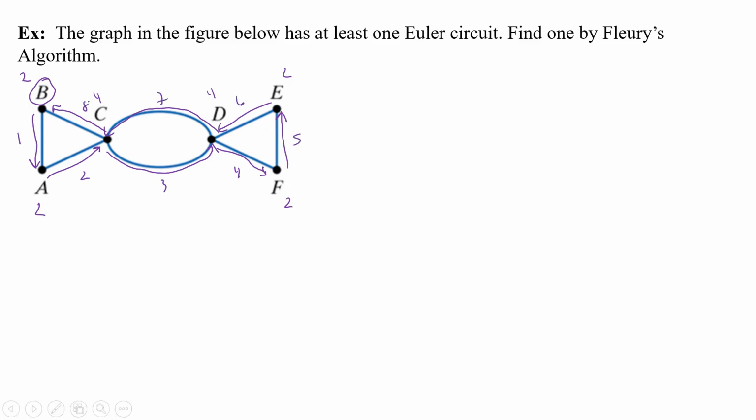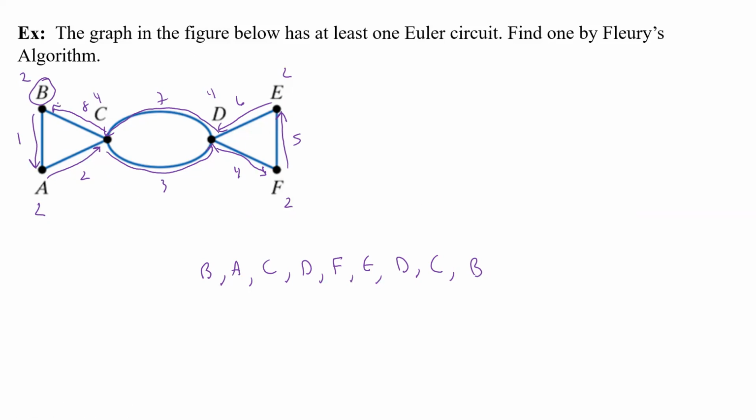So that's the 8 pieces we're going to follow. And so our circuit is going to go from B to A to C, then we go to D, then to F, then to E, then to D again, back to C, and then back to our beginning, which was B. And so that would give us an Euler circuit.